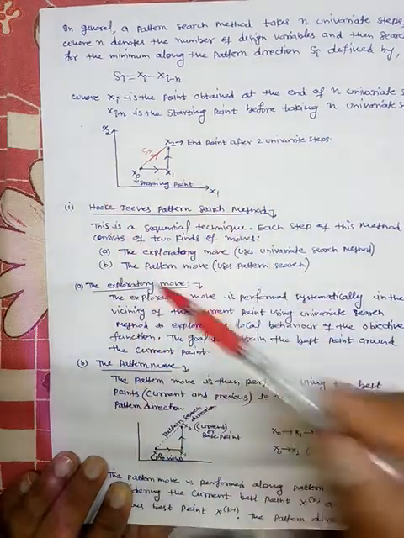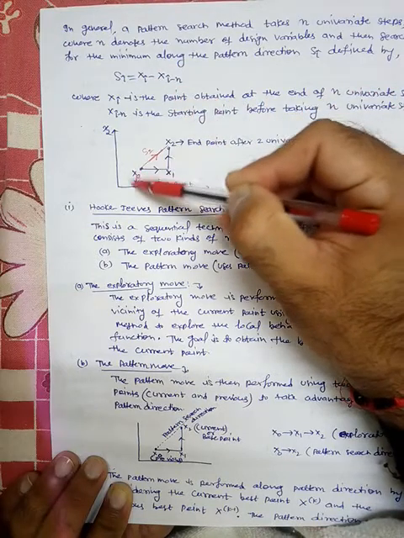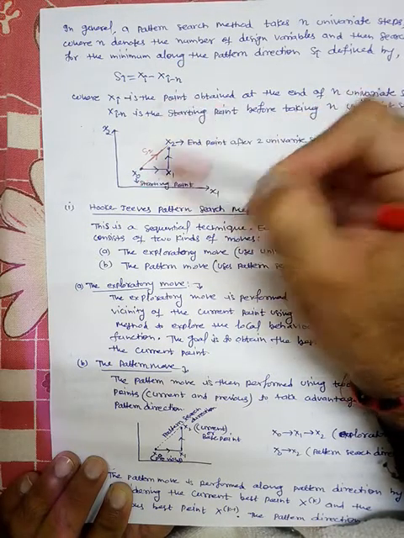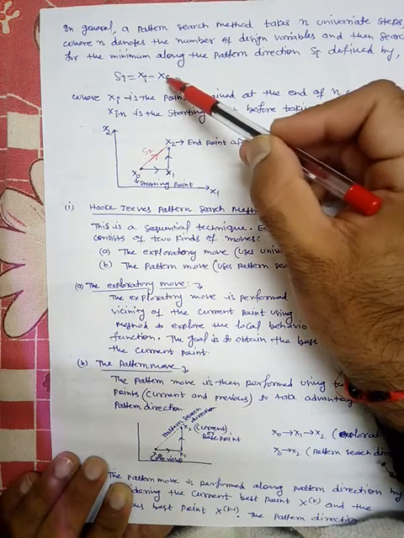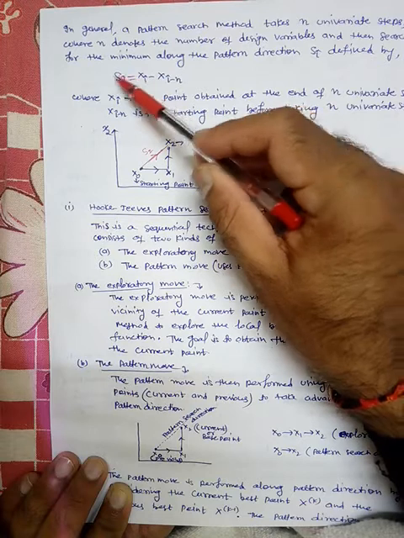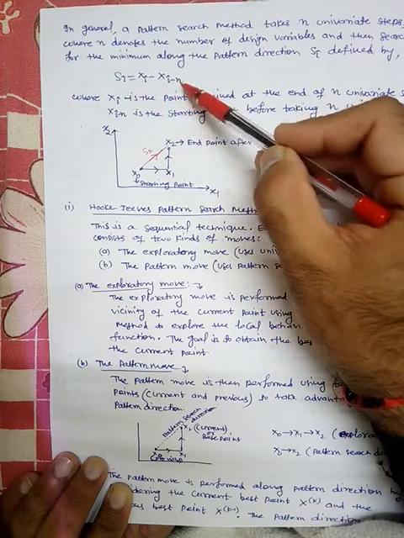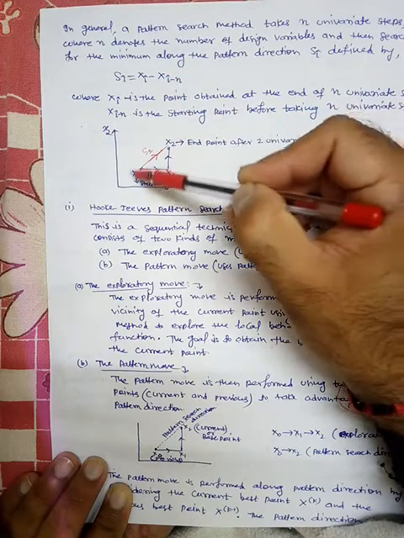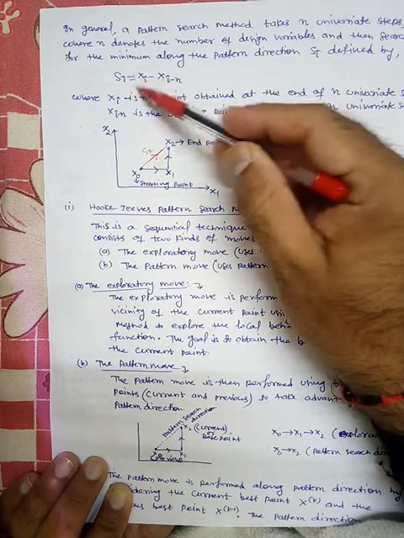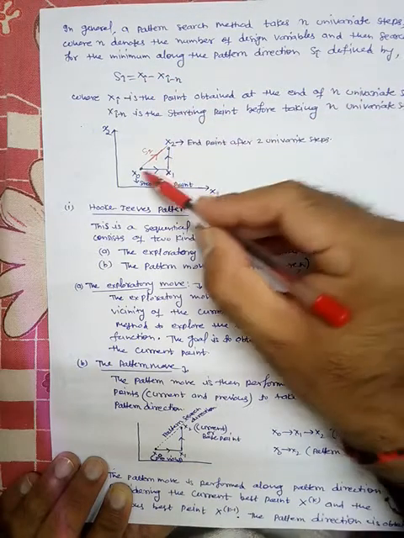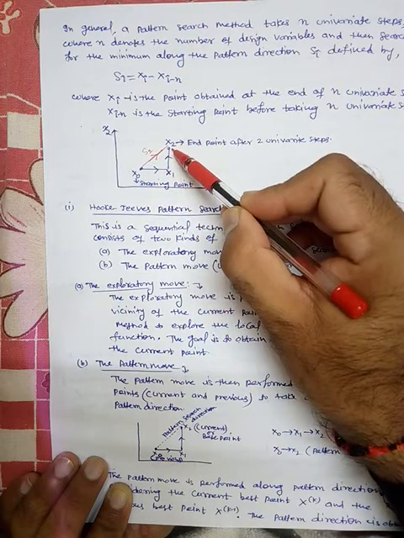For example, here xi minus n is nothing but x naught, because n is 2. So if you put i equal to 2 here, s2 will be x2 minus x2 minus 2, that is x0. So x0 is the starting point, that means this point, and x2 is the end point. After 2 univariate steps you are moving from x0 to x2.